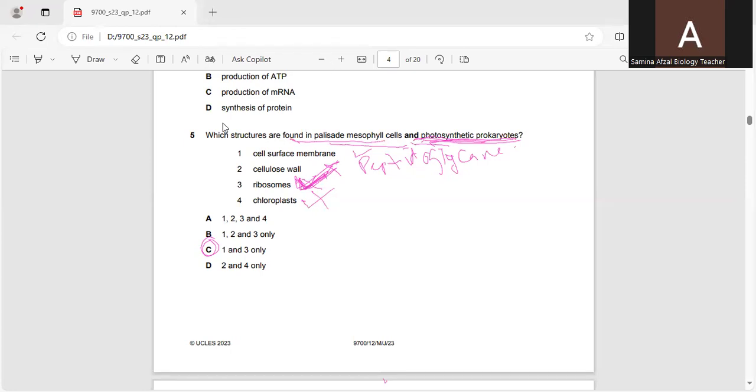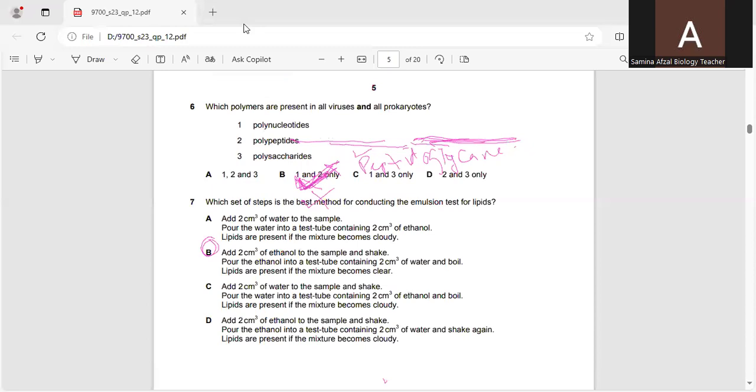Next, question number 6. Which polymers are present in all viruses and all prokaryotes? Polynucleotides, yes. Polypeptides, yes.